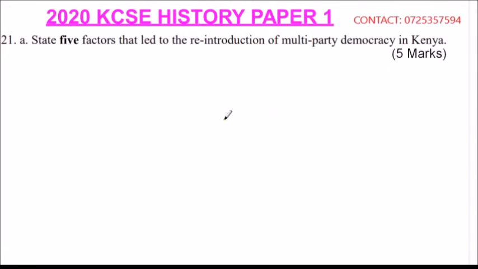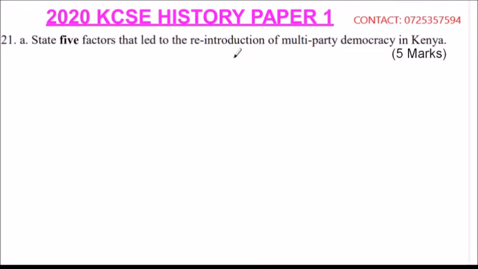Question number 21. Part A. State 5 factors that led to the reintroduction of multi-party democracy in Kenya. So multi-party democracy in Kenya, when Kenya gained independence, we had a multi-party system, but the multi-party system was banned and KANU became the only party in the country.